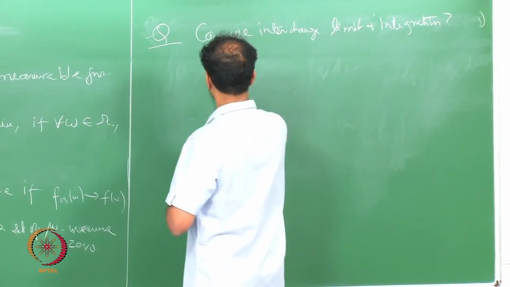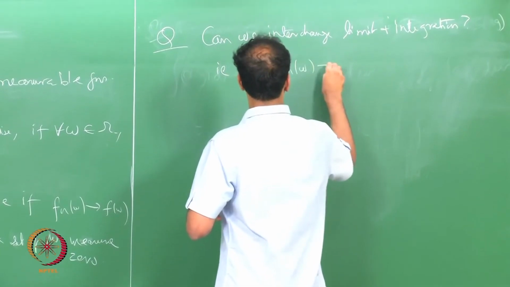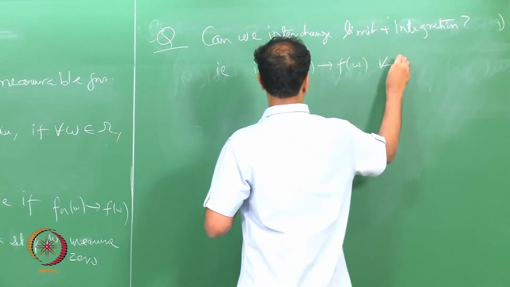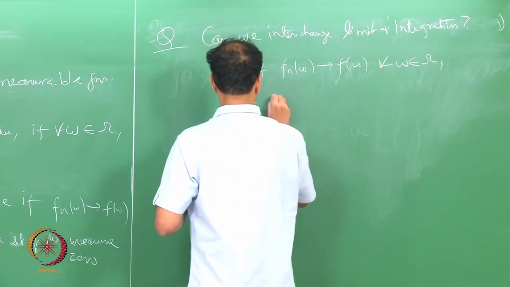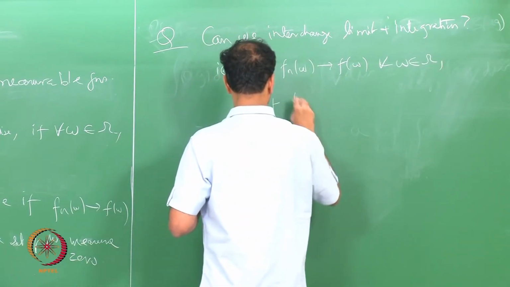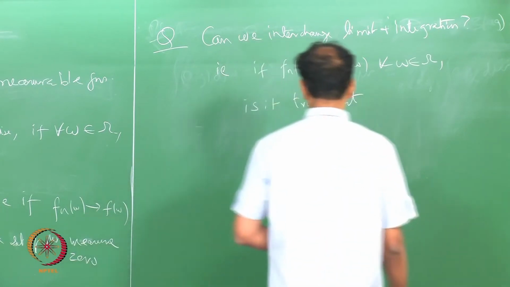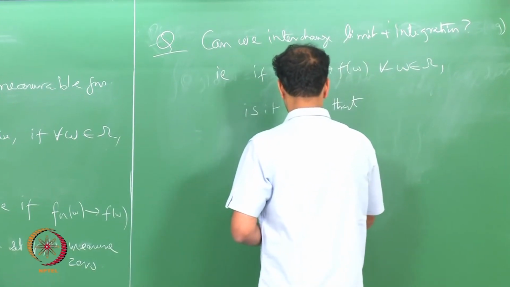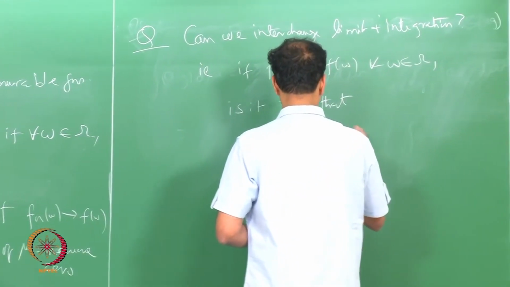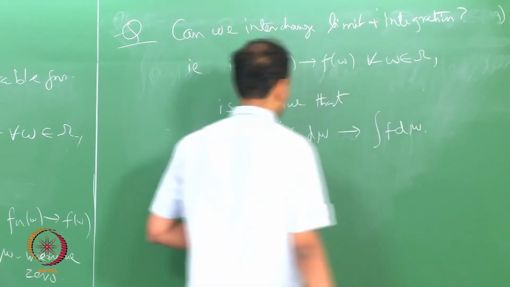That is, if f n of omega converges to f of omega pointwise, is it true that integral f n d mu converges to integral f d mu?